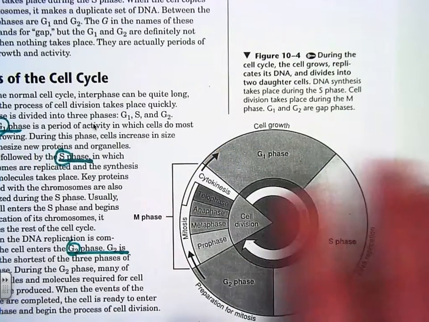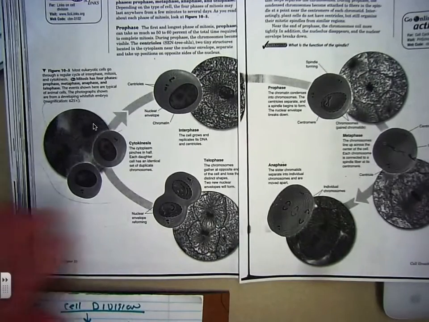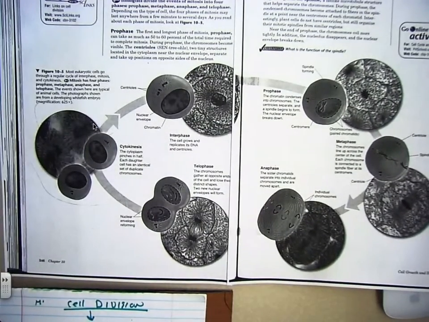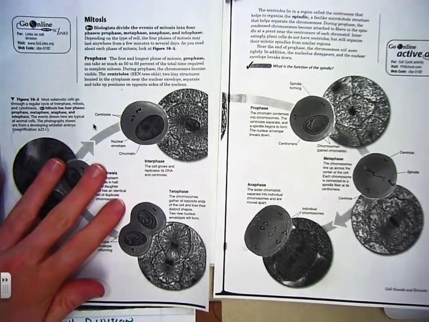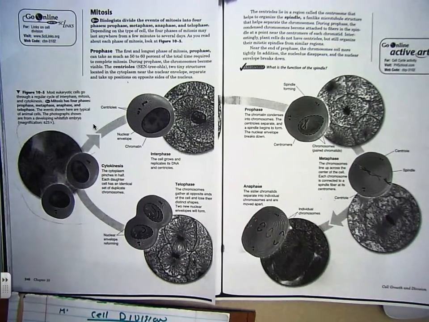Alright, so let's go to the next page, 246, 247. And this is what this page looks like. Basically, this is a big overview of the cell cycle. Here, what we just read about is interphase. That's when G1, S, and G2 happen. The cell's growing, it's copying its DNA, it's getting ready to divide.